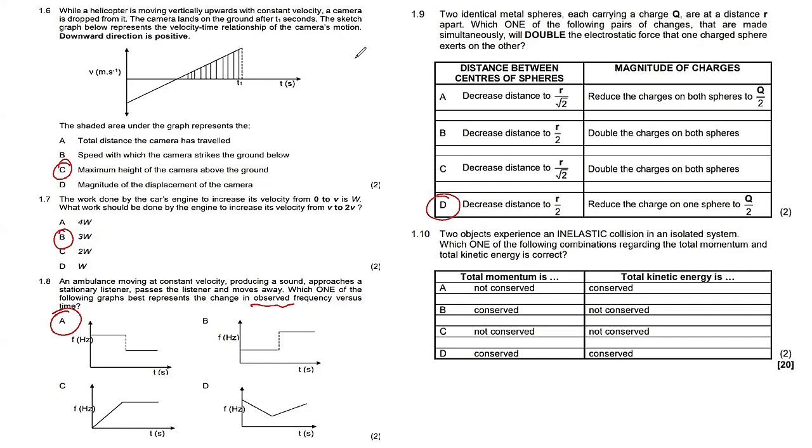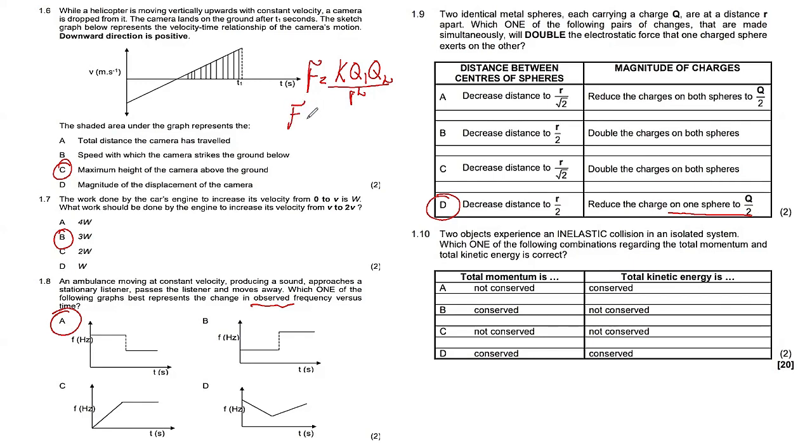And then how you actually find that the electrostatic force has been doubled is by using this. We know the formula for electrostatic force is K Q1 Q2 over R squared. Now we want to do what they are telling us to do here, which is decrease the distance to R over 2 and then reduce the charge on only one sphere to Q over 2.